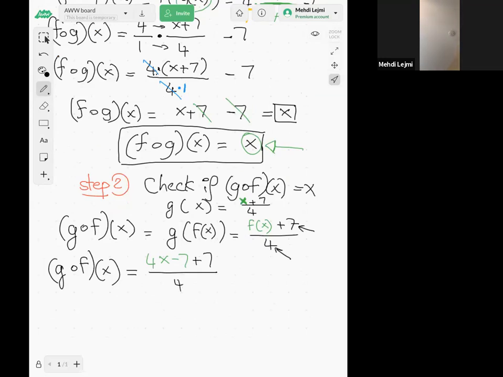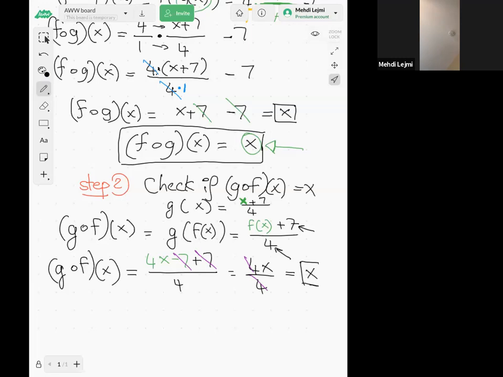So now you can see I can cancel out the minus 7 plus 7. Then it would be just 4x over 4, right? So then I can cancel out the 4, and I get x.